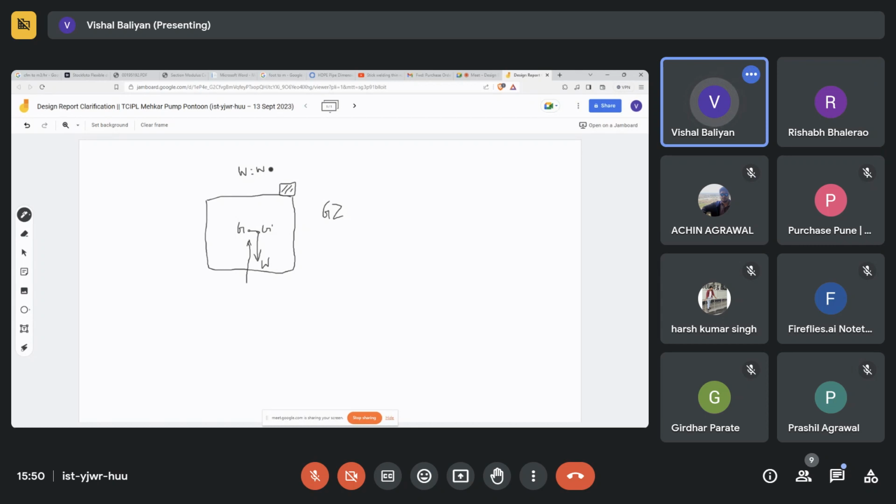This new G will only change the line of action of gravity force, but it will not change the value, which will again be the total weight of the system.